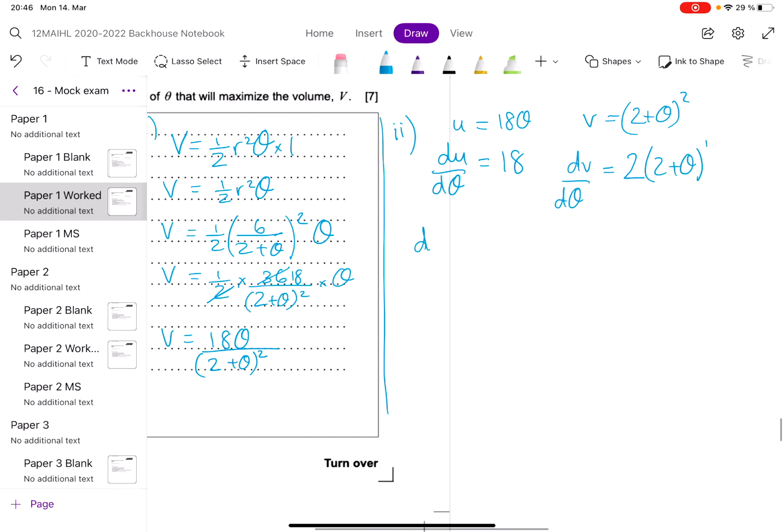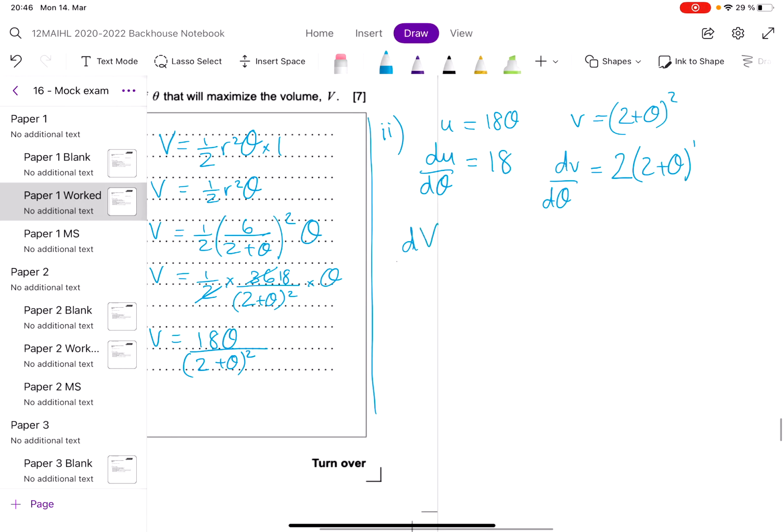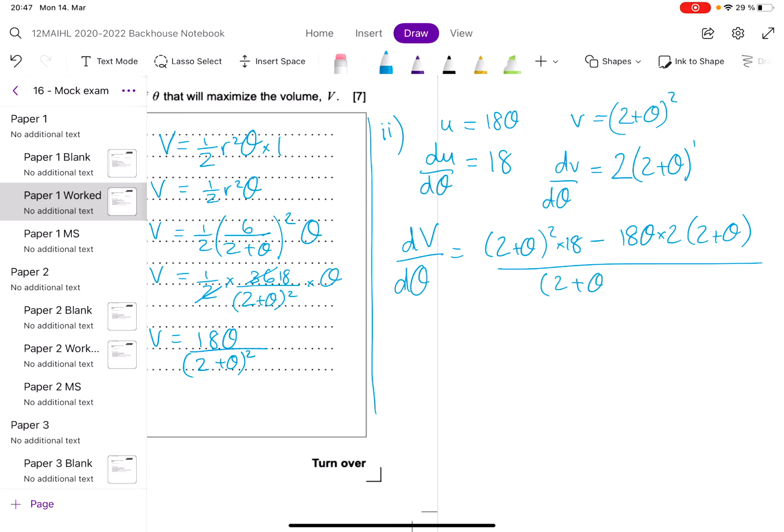And then let's find dV by d theta. Using the formula guide for our quotient rule, v du by dx minus u dv by dx all over v squared, squared to the power of 4.